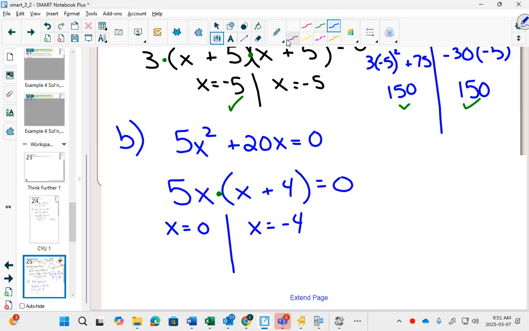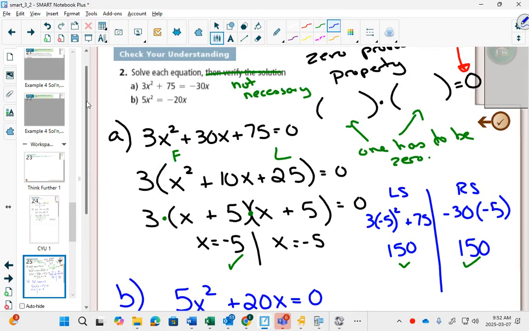Now, if you had to verify this, you'd have to do a left side and a right side for the 0, and a left side and a right side for the negative 4. But I'm going to tell you in quadratic equations, if you haven't made a mistake, your answers both will work. Can you see the 0? Go back to the original equation. Can you see the 0 works really easily? You get 0 on the left, you get 0 on the right.